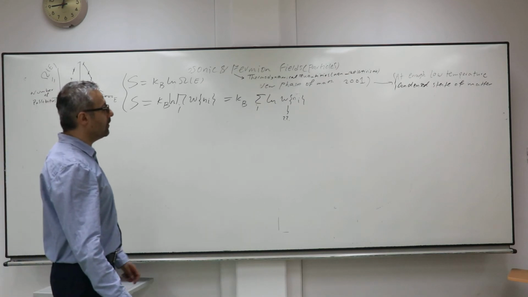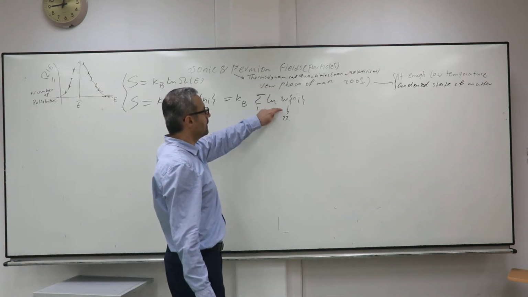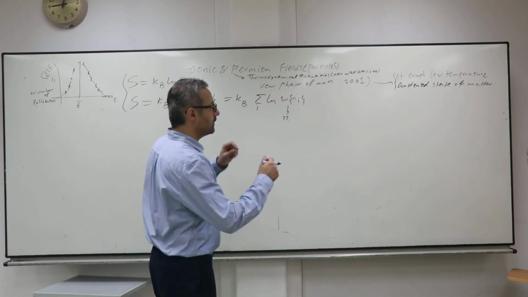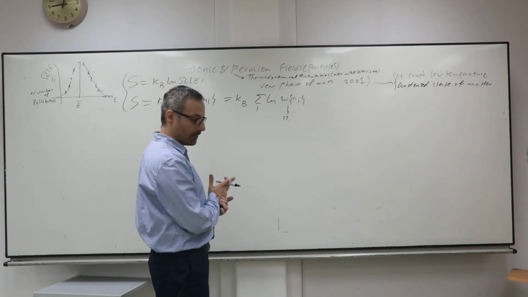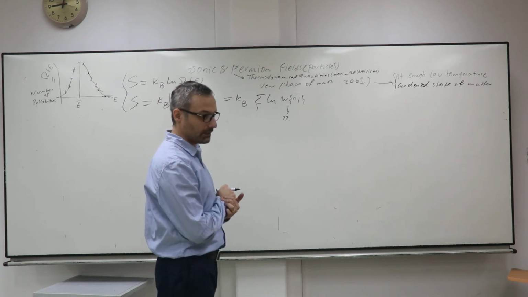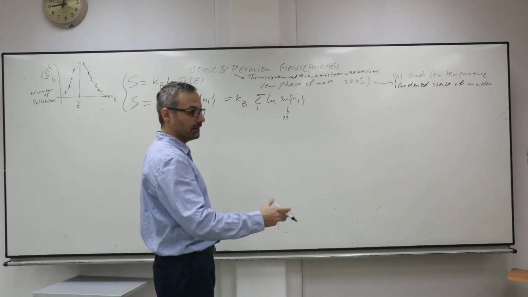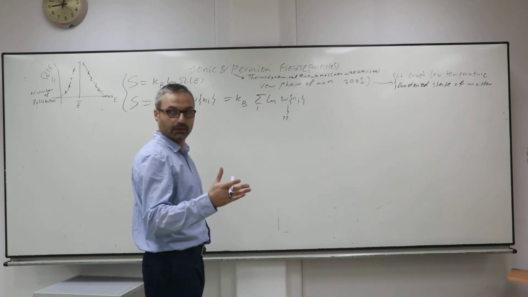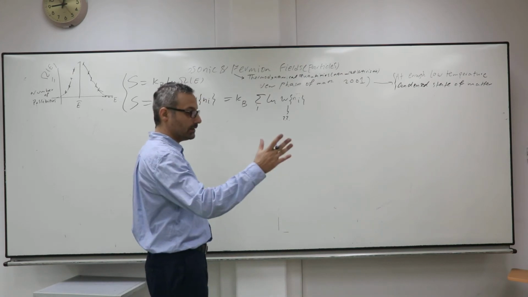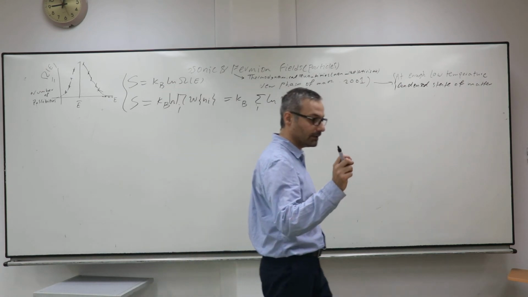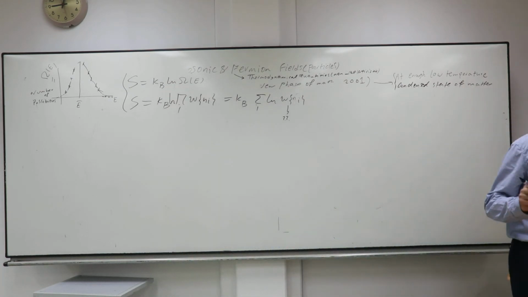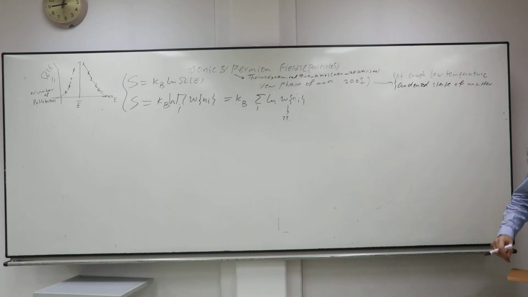This is the number of possibilities to distribute some amount of energy between the different energy levels, and each energy level can have some number of particles. We call it Gi, the occupation number or density of states.